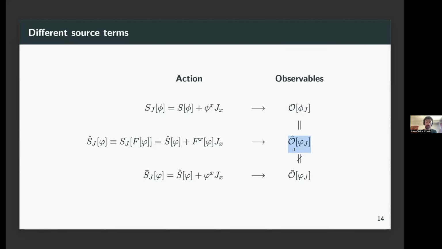What we really need here is to check for observables that, for the same action and different sources, give the same result. So this is the filter definition. You do it from the first line to the second one. But we're really interested in the step from the second one to the third one. So having the same theory, but with different sources.